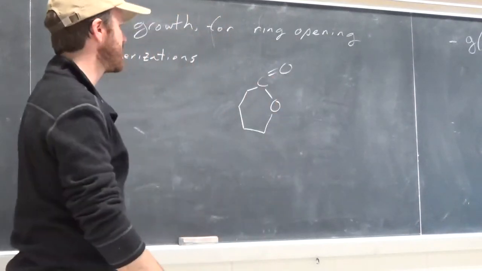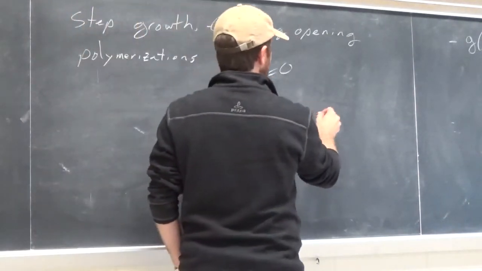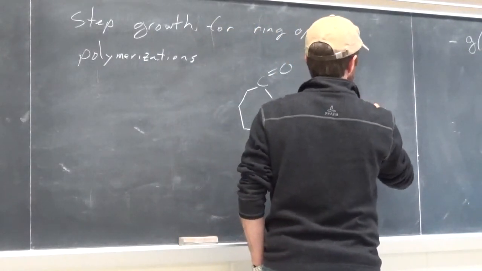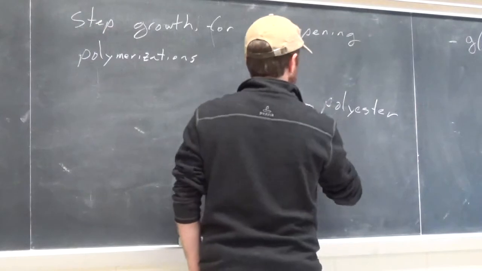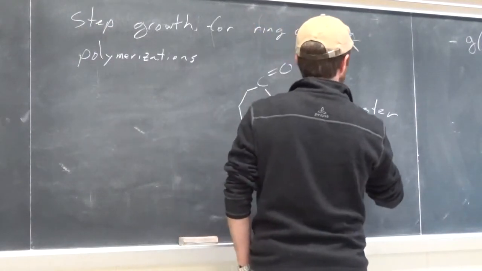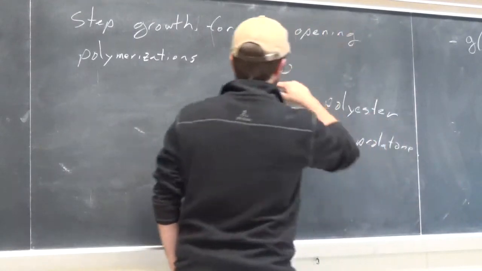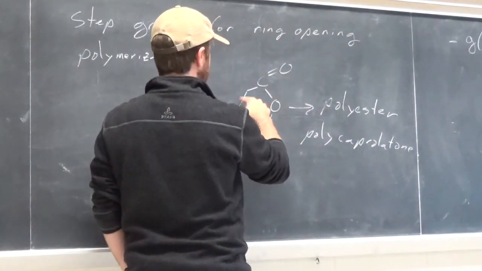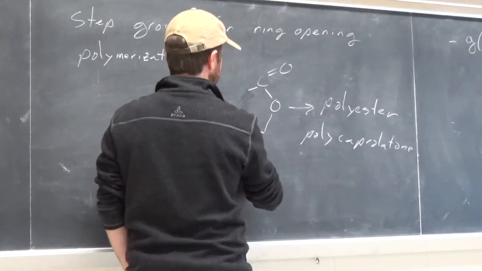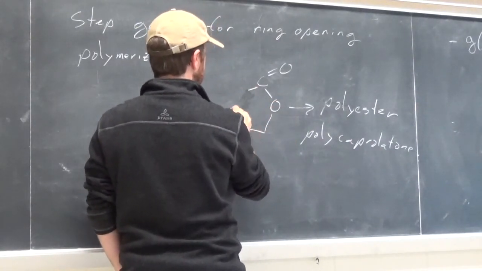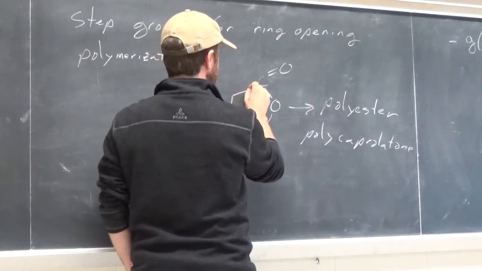I think it's like this. And so this will open and we'll get some sort of polyester from this, or caprolactone. 1, 2, 3, 4, 5, 6, not quite. 1, 2, 5, 6, 7.